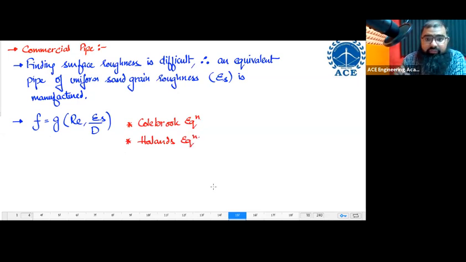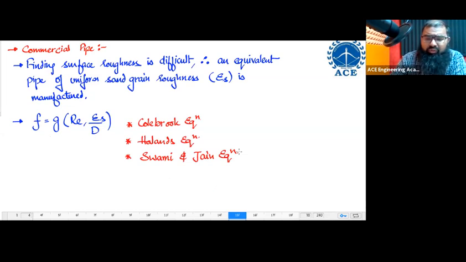As a matter of fact, Indians have also given a formula, the Swamee and Jain equation. Many formulas.